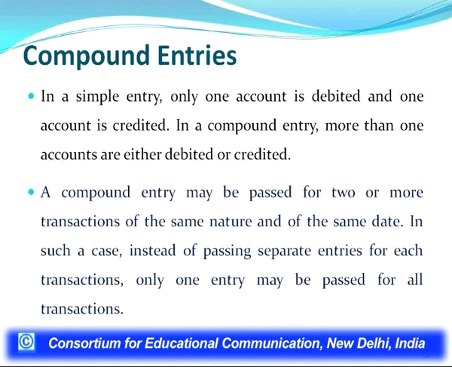In some cases, multiple accounts may be debited and multiple accounts may be credited. So, these are the compound entries. Normally, compound entries are passed for the transactions of same nature and on the same date. We have already seen some examples, and here we will also see some more examples.